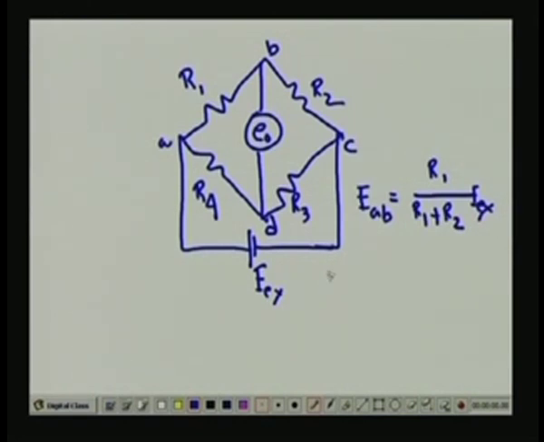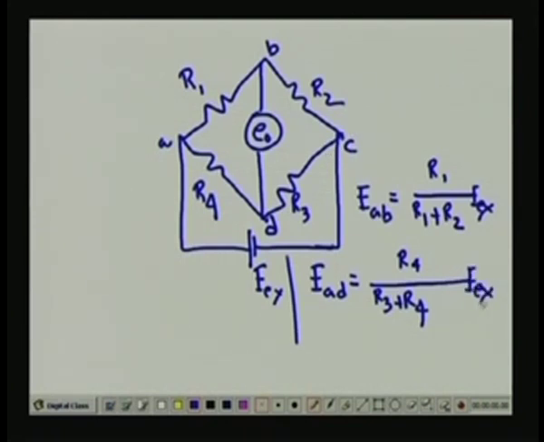Similarly, the potential across the resistance R4 can be derived as EAD equal to R4 upon R3 plus R4, that means current flowing through this path, multiplied by Ex.